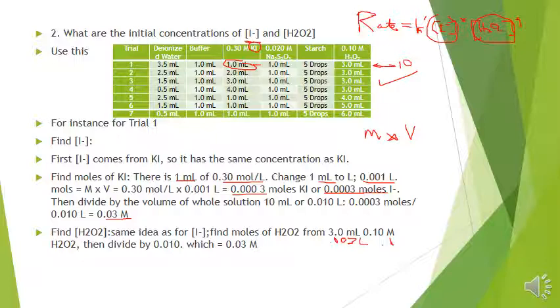Okay, and that again, that's the same number, but it's for a different reason. So it's 0.0003 moles, and again, every one of these is in 10 milliliters, so it's divided by 0.01 liters, and it also has a concentration of 0.03. And then trial number 2 would be the same, 3 would be the same, 4 would be the same, but for number 5 you have to do it, instead of having 3 mL, it'll be 4, then 5 and 6.